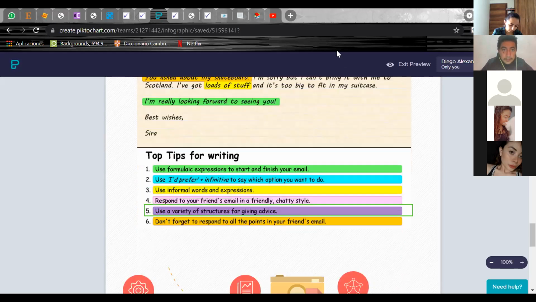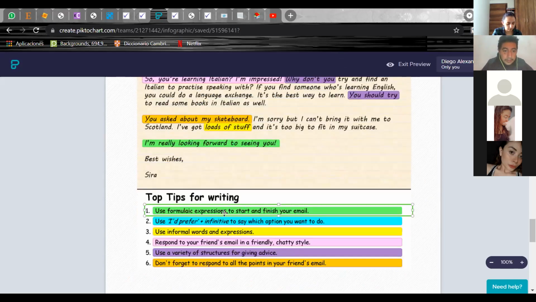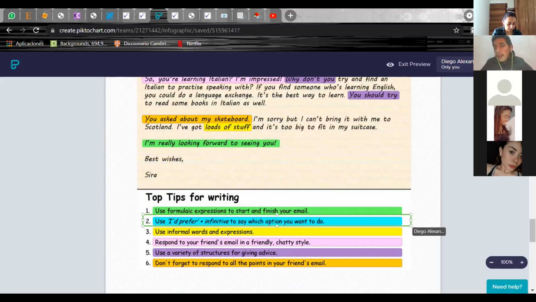So now let me see. We have number two. In this case, can you help me reading Miguel, please? Number two. I prefer plus the infinitive to say which option you want to do. Okay, yes, in this case, we need to use this structure. I would prefer plus the infinitive to express maybe between options, maybe if we want to do something.